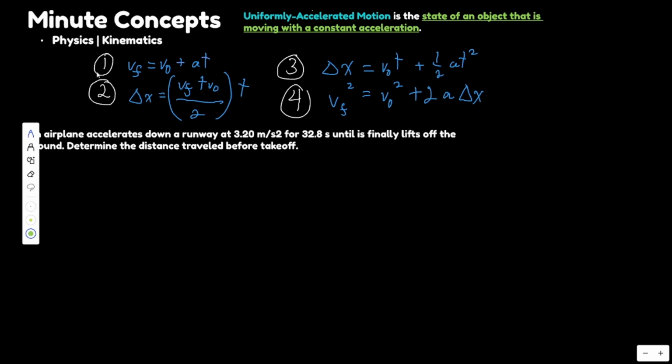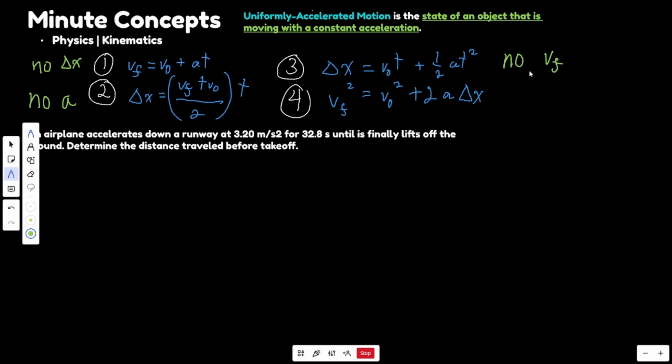For example, in equation 1, there is a missing variable of delta x, so there is no change in position. For number 2, there is no acceleration. For equation number 3, there is no final velocity. And for equation number 4, there is no time.